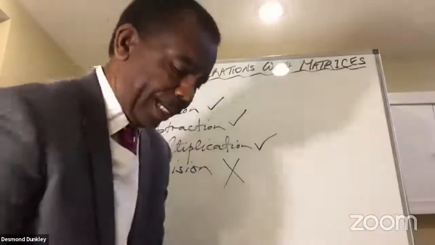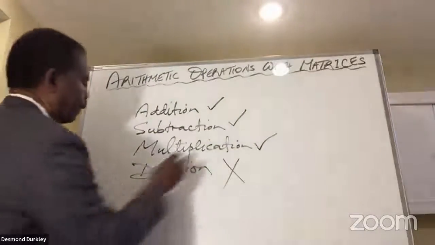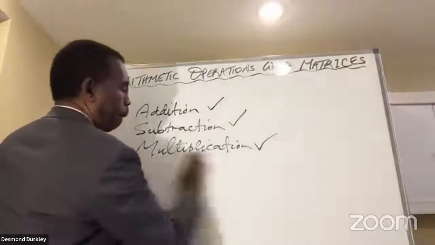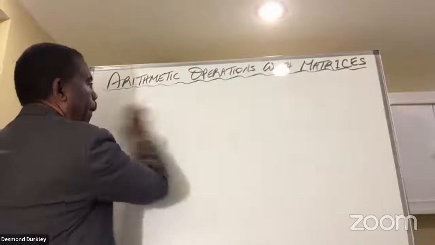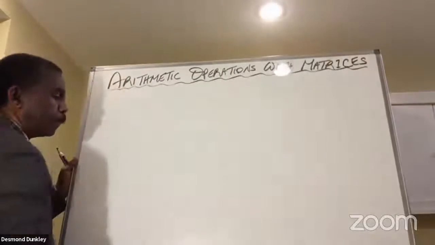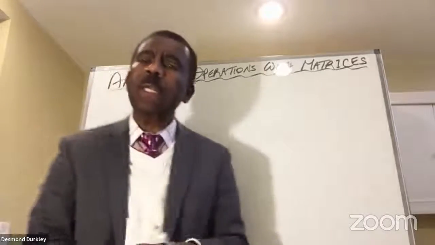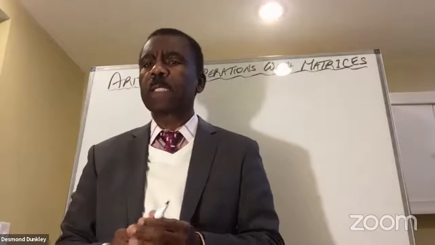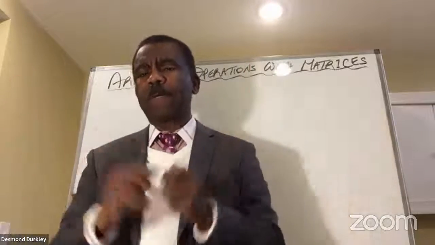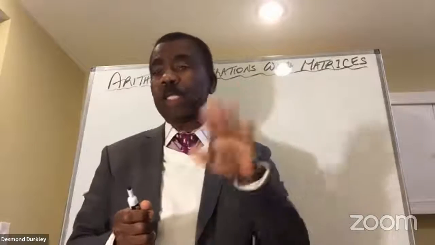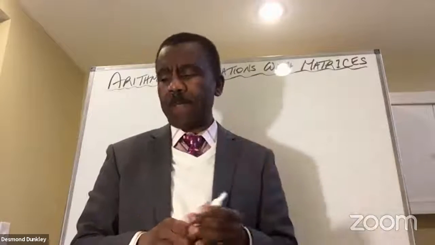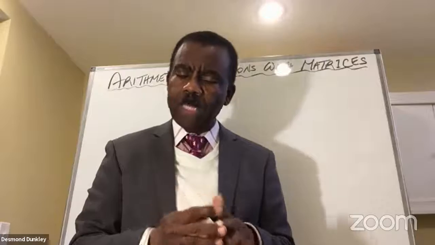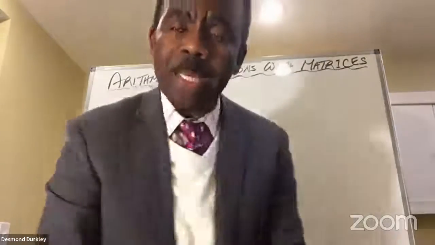Okay, great. So let's start. The addition and subtraction of matrices follow the same rules. So I'm going to do both of them together. And then multiplication is a completely different animal. So we will do the addition and subtraction as one unit.